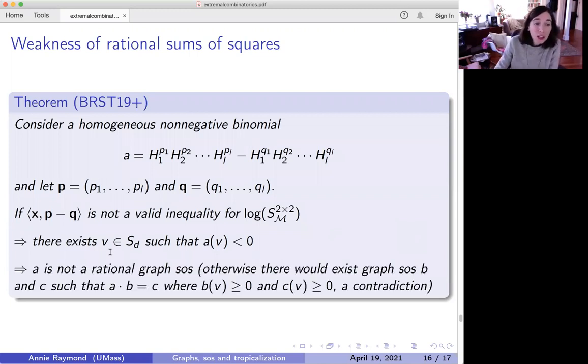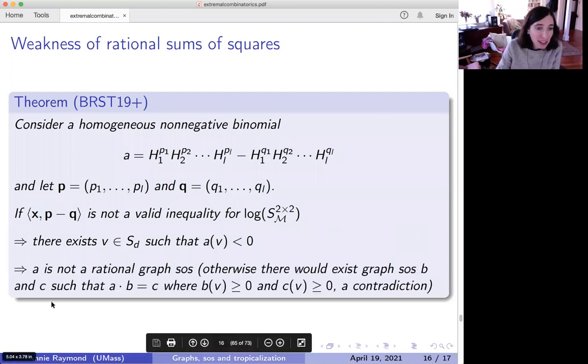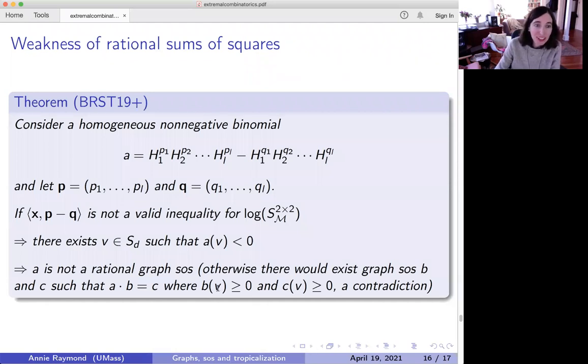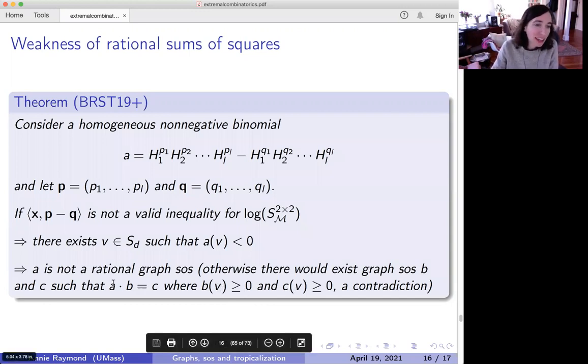And so that means that A cannot be a rational graph sum of squares, because otherwise that would mean that there are some graph sums of squares B and C where A times C equals B, and when I evaluate it on V, that's greater or equal to 0, because I do know that V is in my sums of squares profile. It's what my sums of squares accept. So B applied to V has to be greater or equal to 0, and same thing for C. So something smaller than 0 times something greater or equal to 0 is equal to something greater or equal to 0.